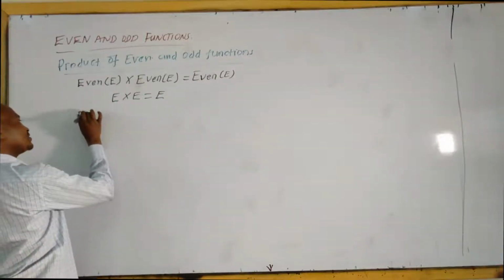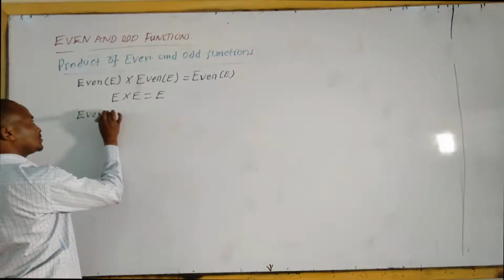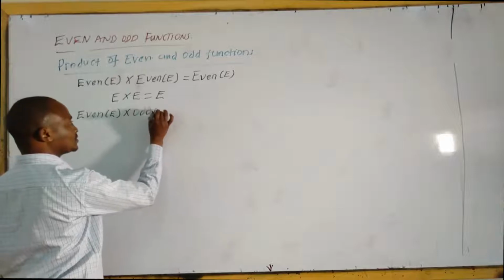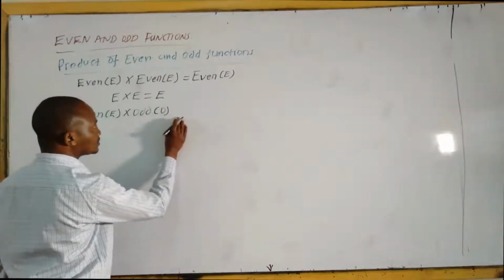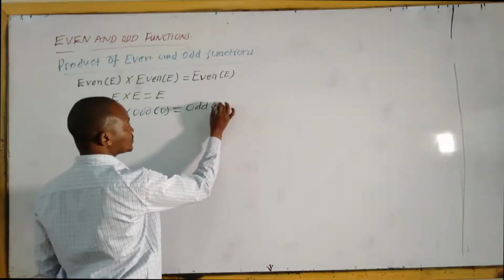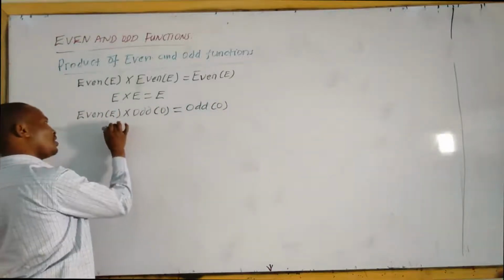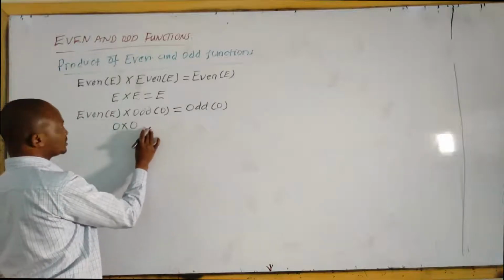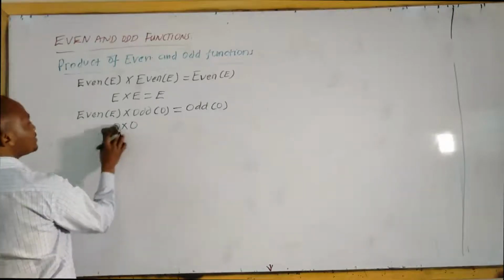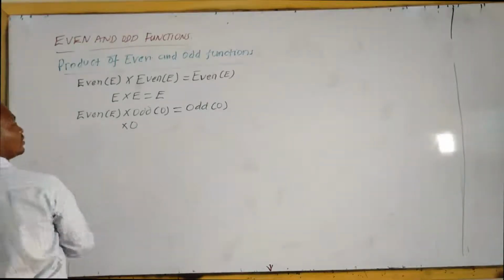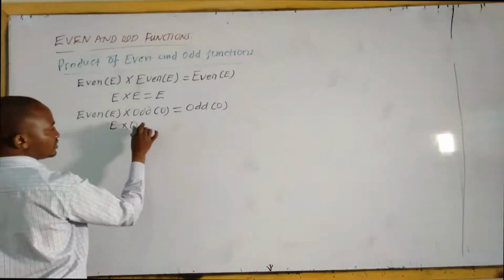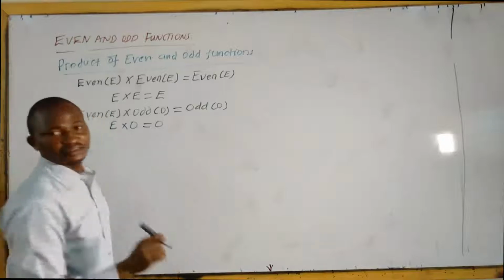An even function times an odd function will give you an odd function, or even times odd. Even function times odd function will give you an odd function.